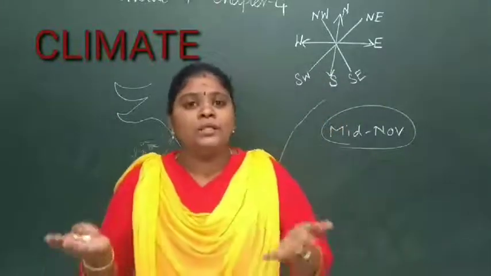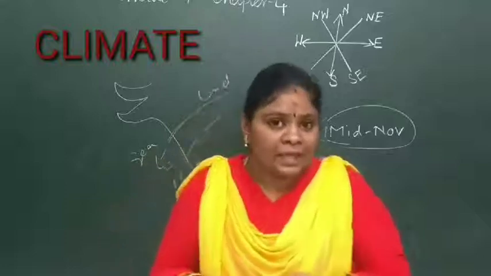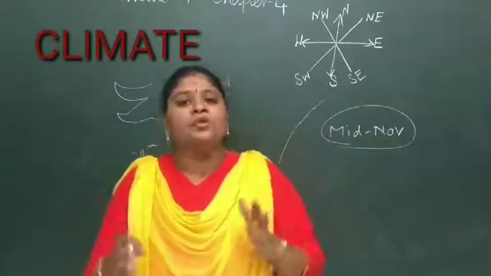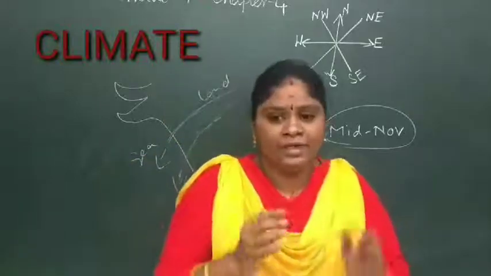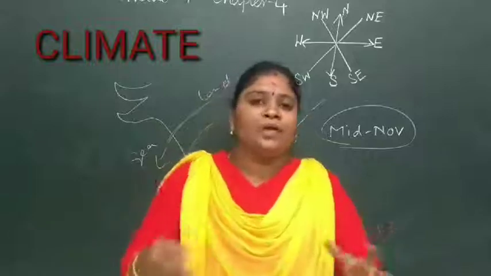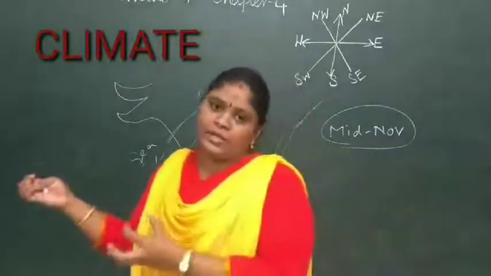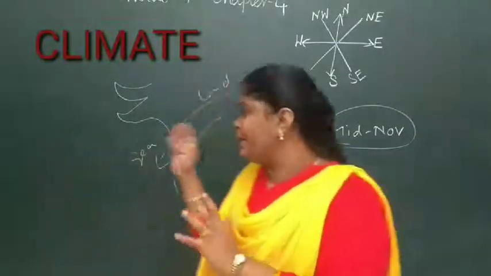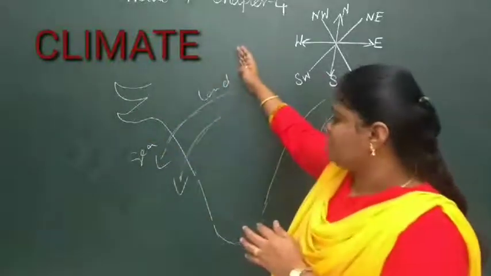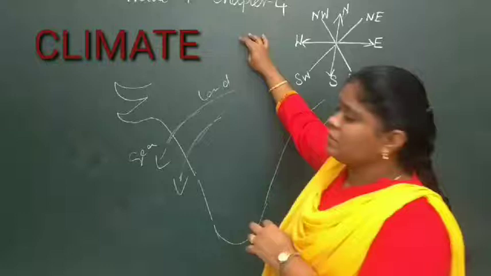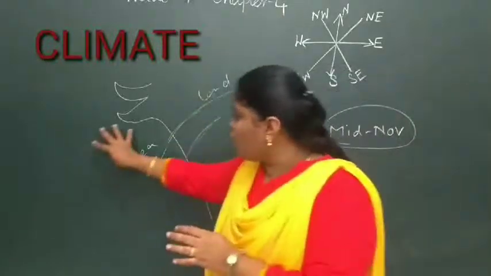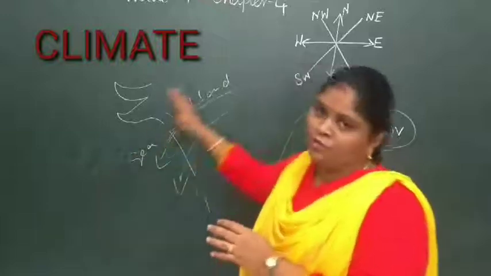That is called the moisture content in the air. So when it is traveling over the normal surface, it will not have the water content. When it is touching and moving over the water, it will carry the moisture content along with it. Similarly here, if it is traveling from the western to the northern direction, you can find definitely it will have the moisture content because it is moving from the sea.